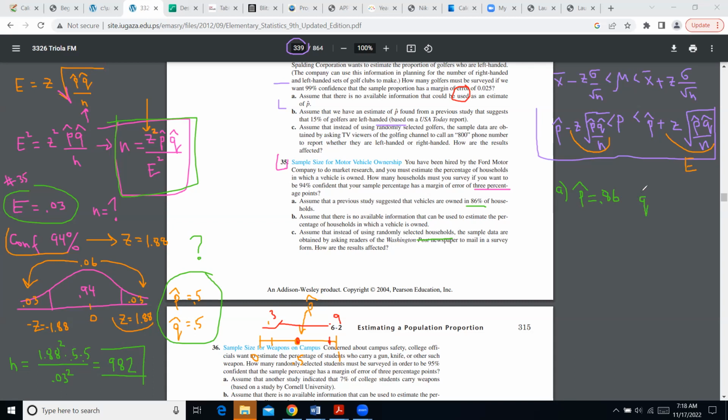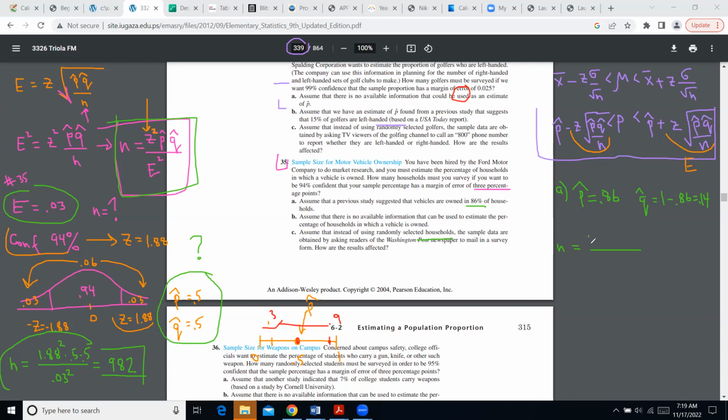And improve here means less elements for the sample, right? Because to consider 982 sample elements, well, it's time consuming. But if you use a better estimates, then you will see that it's going to be a little bit less sample elements. So now I'm going to do exact same thing as I just did already here.